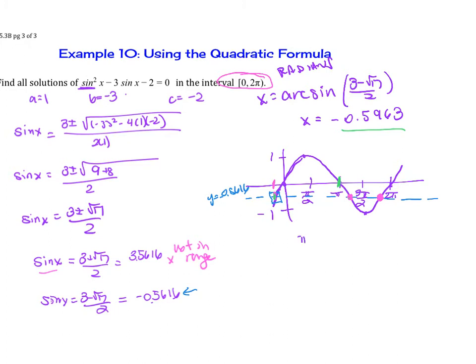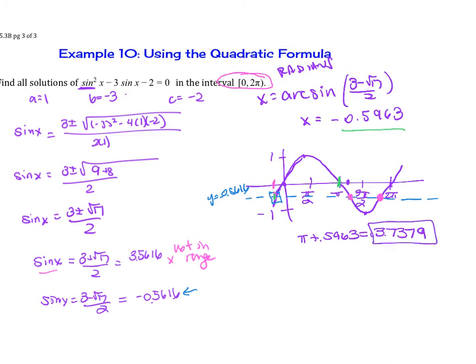So pi plus 0.5963 is 3.7379. That is where it hits at this point right here. It's just past pi. So that's one of the solutions.